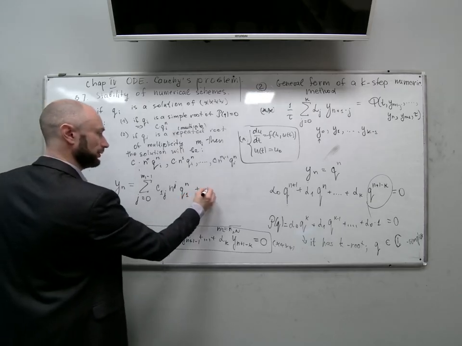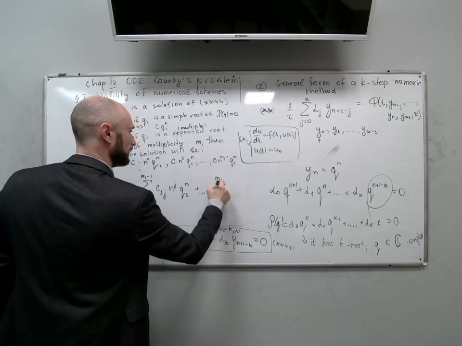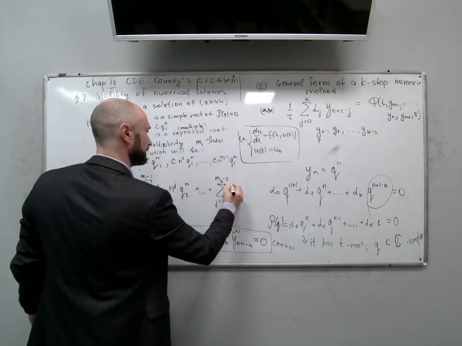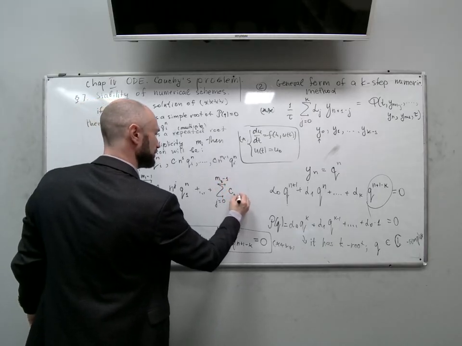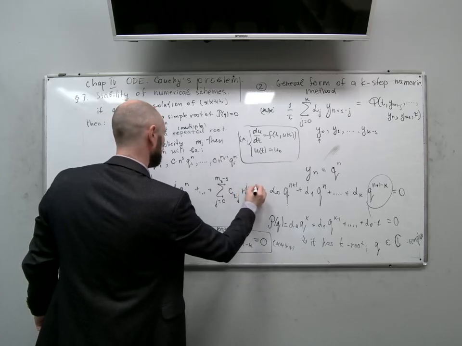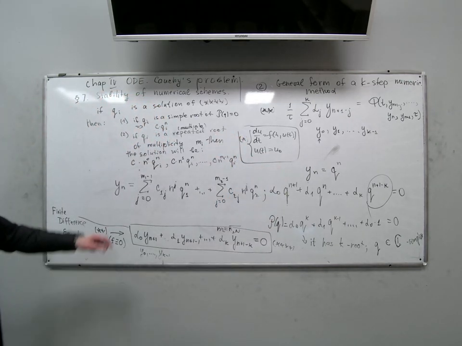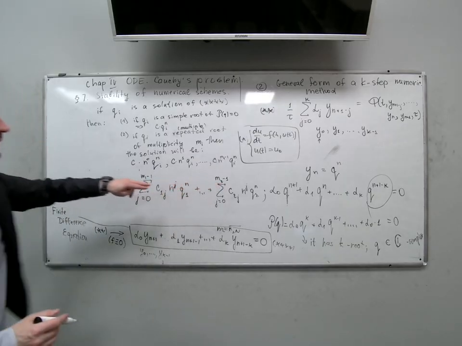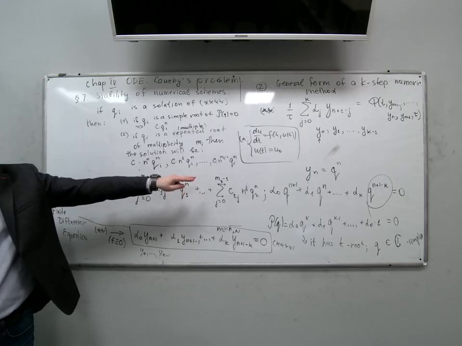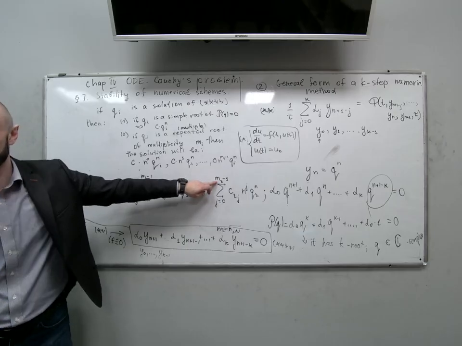Plus, and so on, up to the sum from j to m_r minus 1 of c_rj n to the power of j q_r to the power of n. That's it. r says that we have r roots, and each has the multiplicity m_j.